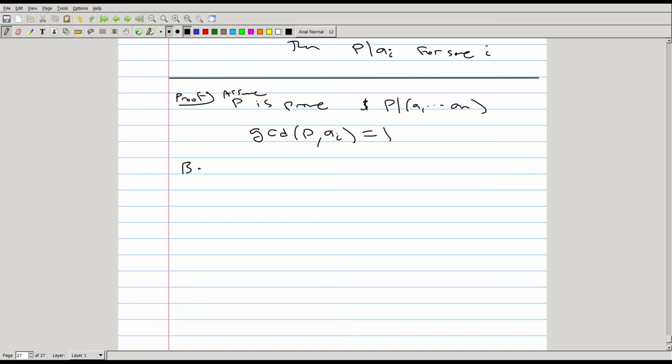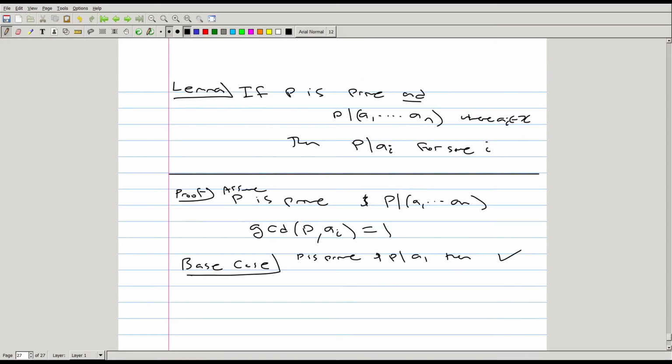So your base case here is if p is prime and p divides a1, then clearly we have that this holds because p divides a1.